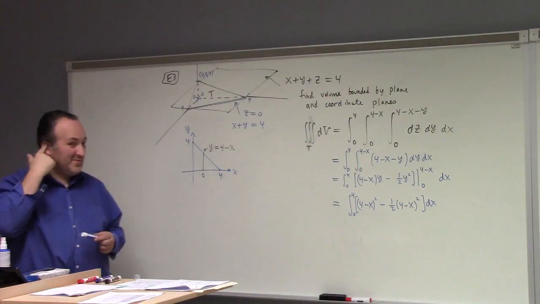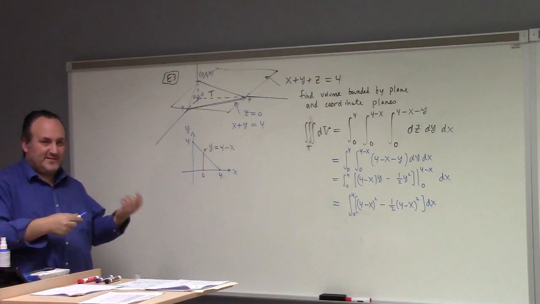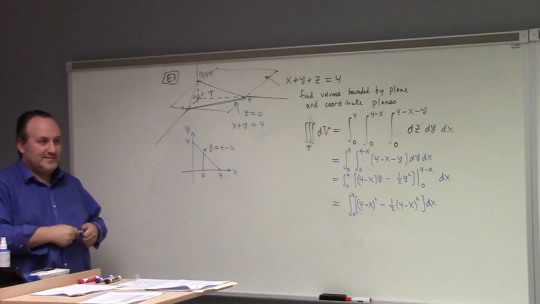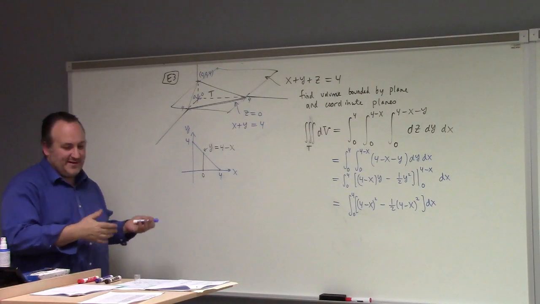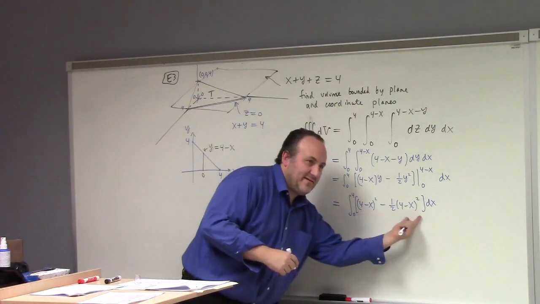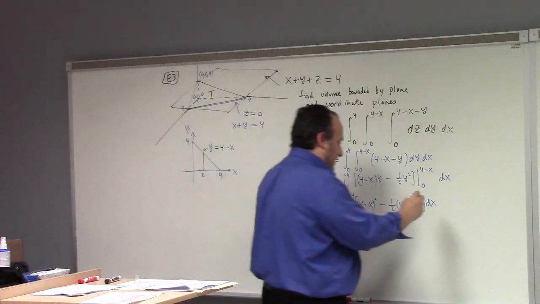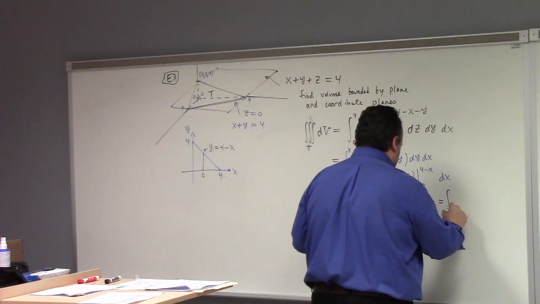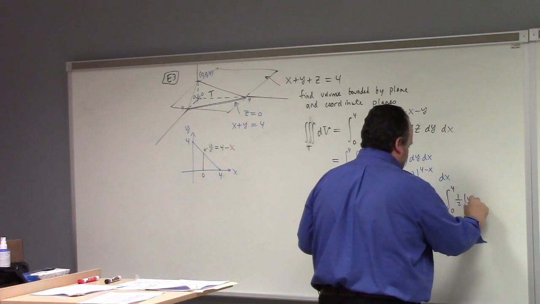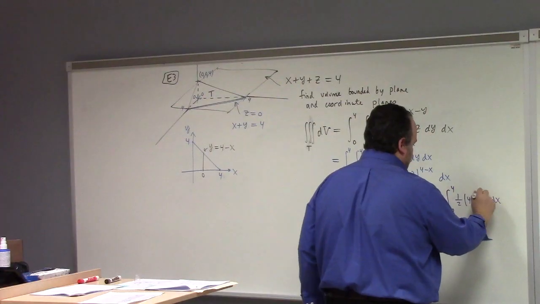The dumb way is to multiply it all out, right? And then forget to distribute the minus and get it wrong because of carelessness. But here, notice that it's the same thing. So I'm just subtracting 1/2 of it. So what I'm really up against here is the integral from 0 to 4 of 1/2 of 4 minus x quantity squared dx, right?